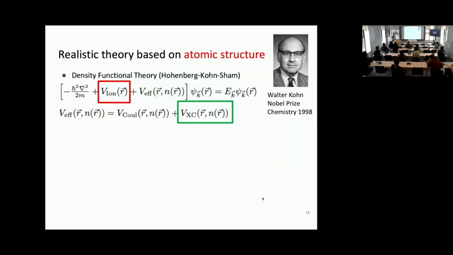Now, the calculations that we try to do to understand and explore these types of situations are based on a realistic representation of the electronic degrees of freedom. And this is all done within the context of density functional theory, the so-called Hohenberg-Kohn-Sham approach. This is a picture of Walter Kohn, one of the developers of this theory, who was also acknowledged with a Nobel Prize for his contribution. So you end up solving these equations for the single-particle states.